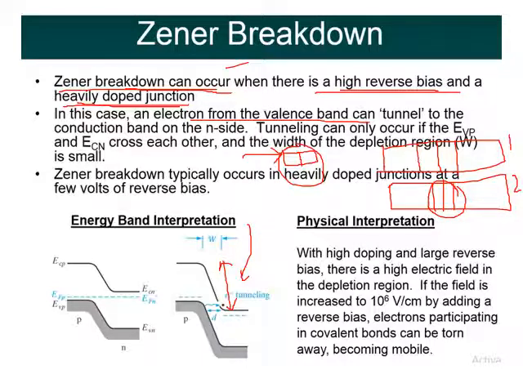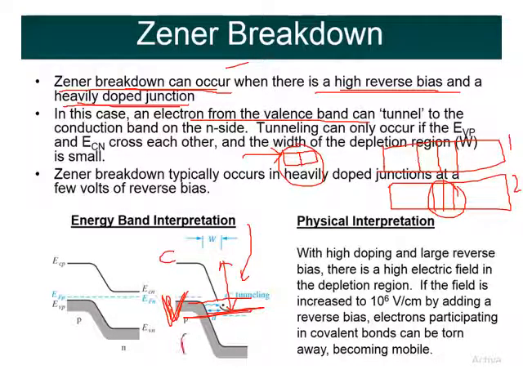And this gap has increased in such a way that this is the conduction band and this is the valence band. The conduction band has come nearer to the valence band, or you can say it is almost overlapped. The level of the valence band is at this level and the level of the conduction band is at this level.